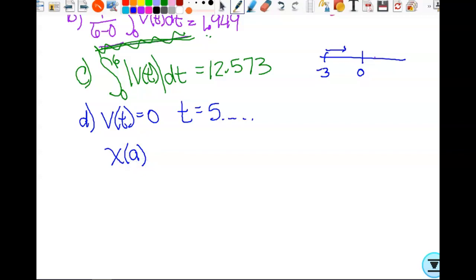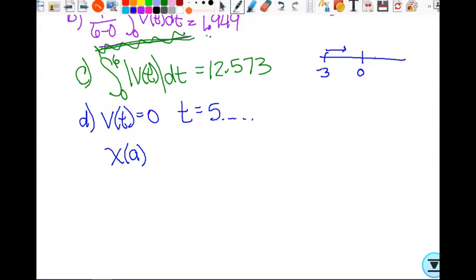What do I integrate to get position? Velocity, okay? When I integrate velocity, all that tells me is the change in position, right? Where did I start?